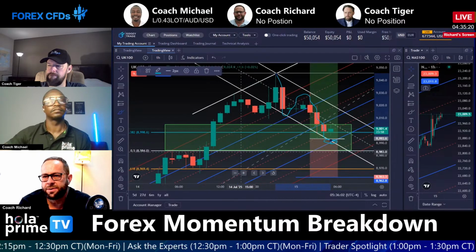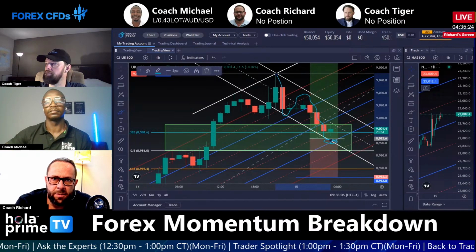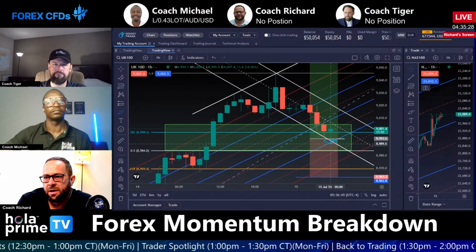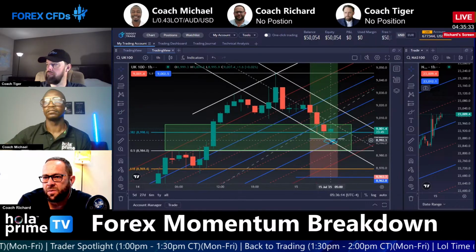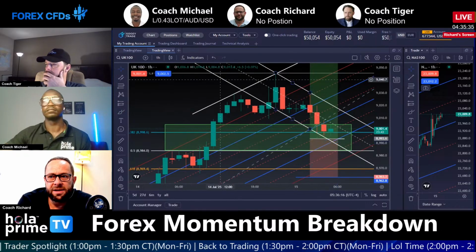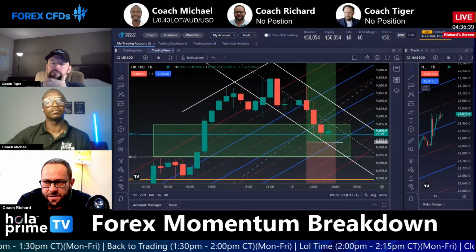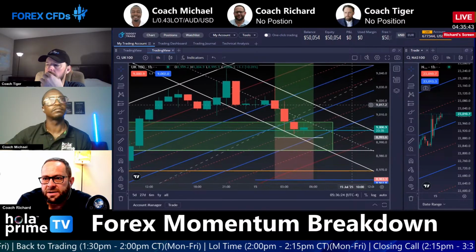So you get two different angles, in this case an upward sloping and a downward sloping one, and where they cross could make really good areas for support and resistance. Price just isn't there yet. I really hoped it would get there sooner, but the markets don't listen to us, that's for sure.